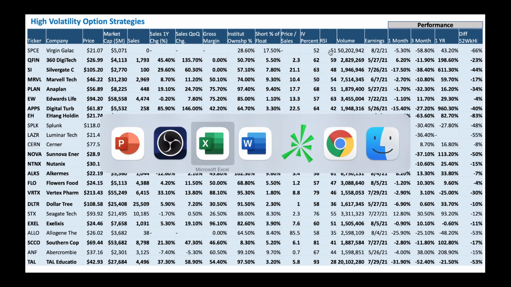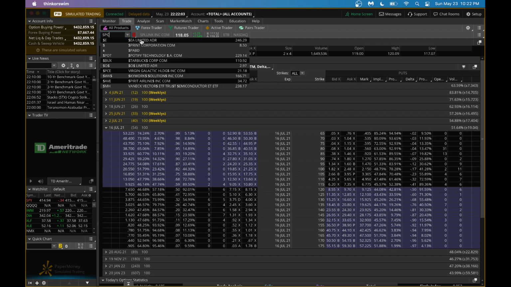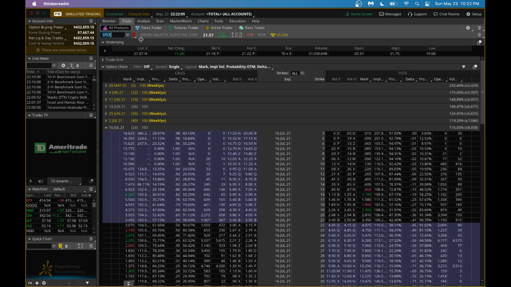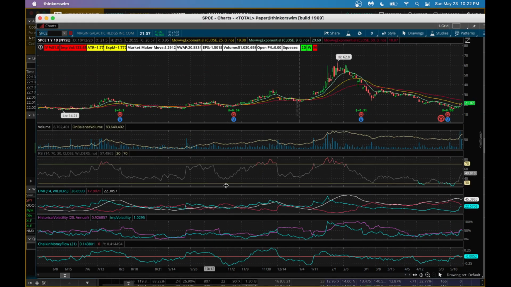So with that, let's go back to the Thinkorswim platform here. I would talk about SPCE here. If you look at SPCE from a chart perspective, it's a nice looking chart. The stock wants to go up a little bit, as you can see here. It's above its 9-day moving average, trying to take on the 25-day moving average.